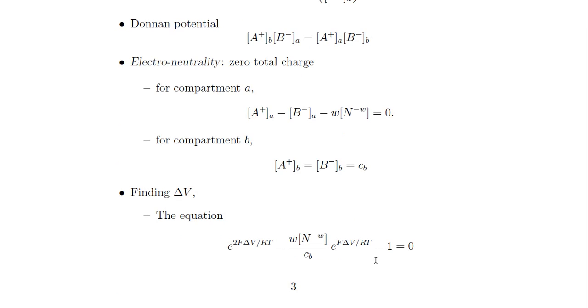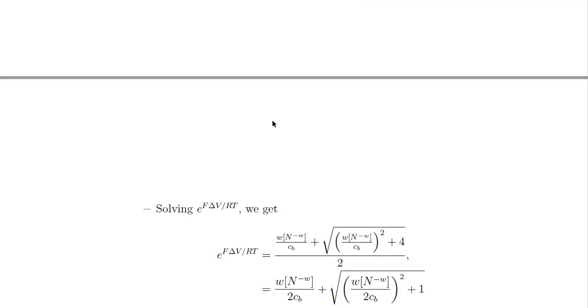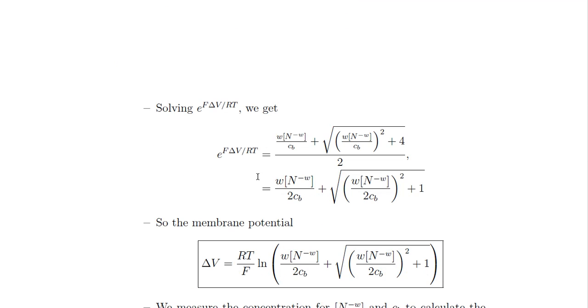So finding the delta V using this equation, we can get solving for A. So the membrane potential or the Donnan potential is equal to this equation.